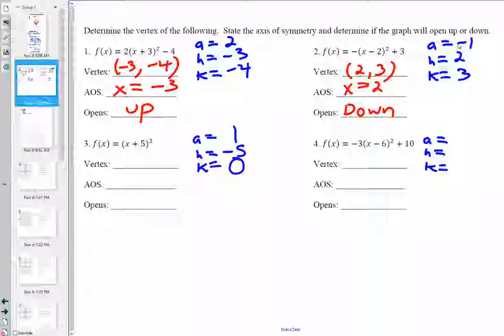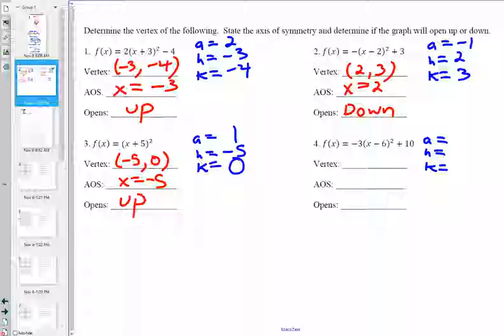It means where's the vertex? -5, comma, 0. Yeah. Fine. That's coordinate. -5, comma, 0. Where's the axis of symmetry going to be? X equals -5. And then it's going to open up or down?